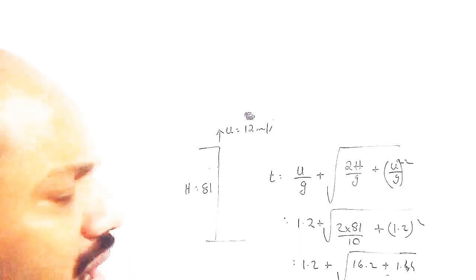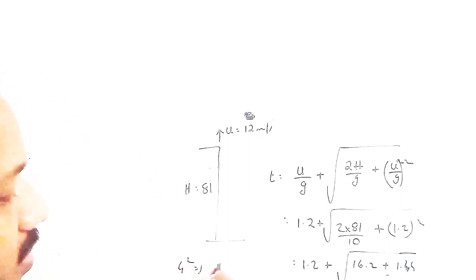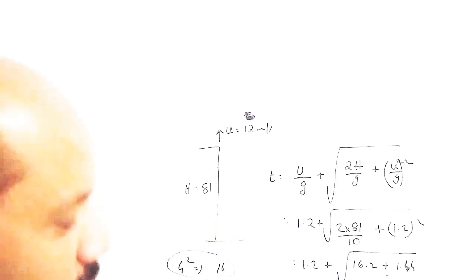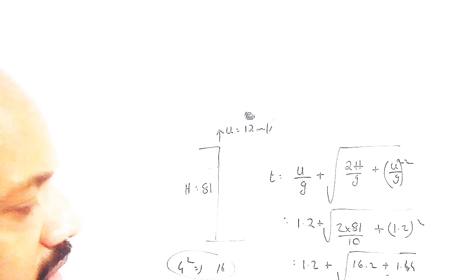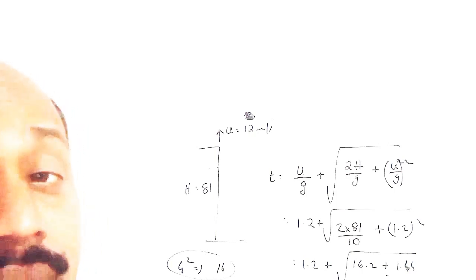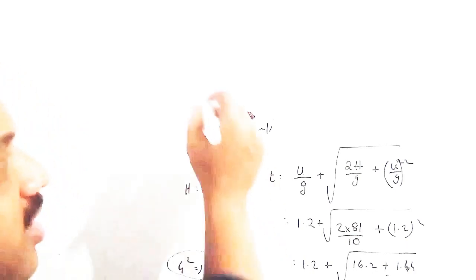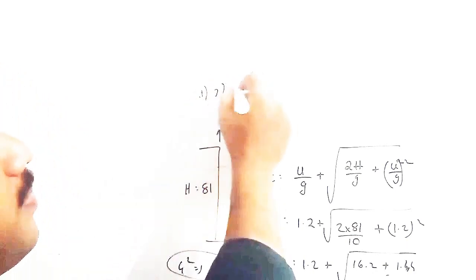It is somewhat near 4.5, right? 4 square is 16 and 5 square is 25. It is somewhat near to 4, therefore better take it as 4.5, not near to 5. 4.5 plus 1.2 is almost equal to 5.7. The better option is 5.4. 3 is the right answer.